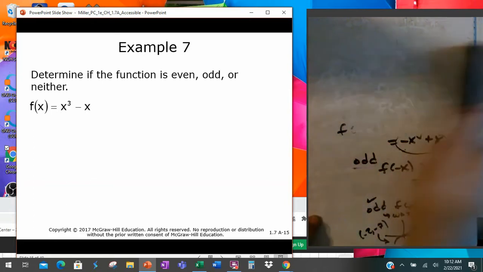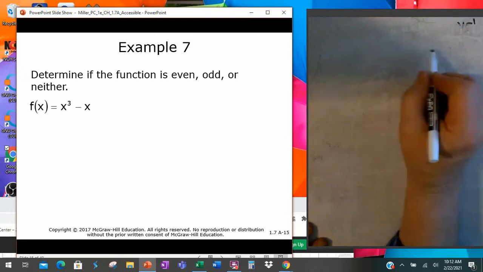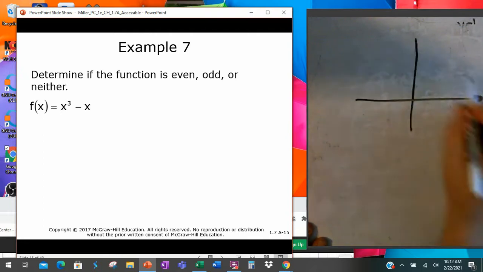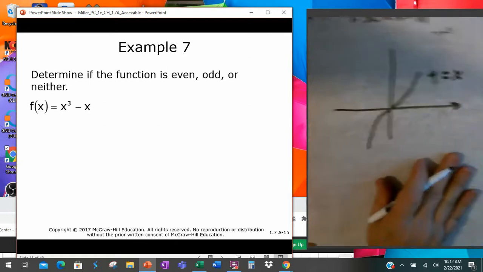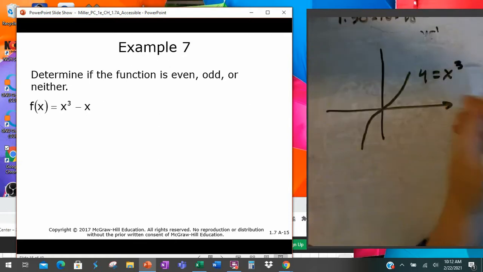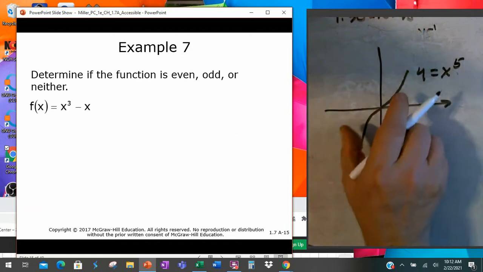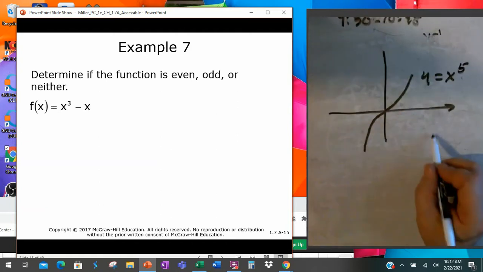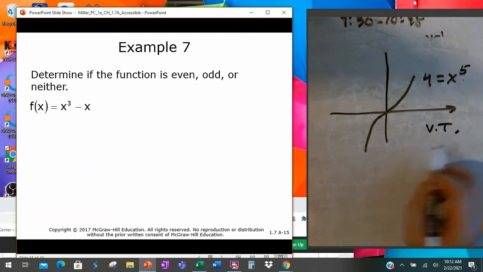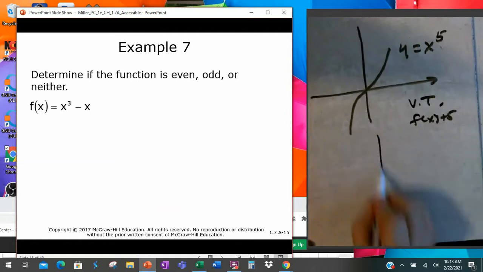In other words, from our transformations, if I start with the basic graph y equals x cubed, but this could be the fifth power too, it would look the same, just tightened up a little bit. I can't take a vertical transformation, f of x plus 5, shifting up 5.